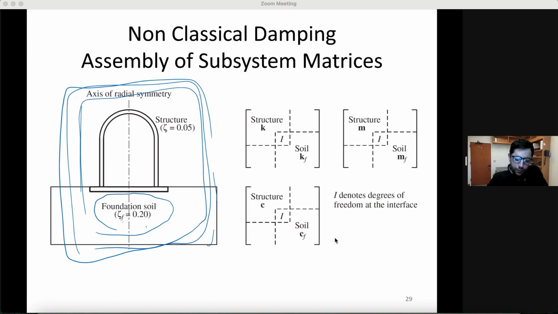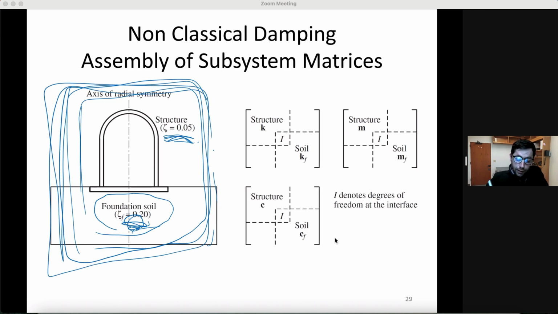The foundation will have a damping of, say, 20% of critical, the structure will have a damping of only 5% of critical, so damping is very much different in the two systems. In this case, you cannot use classical damping.